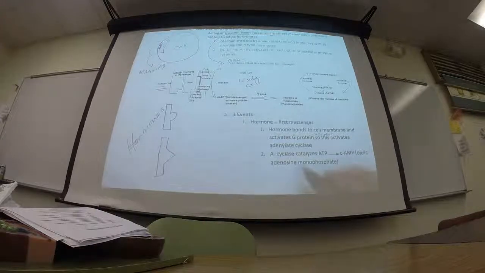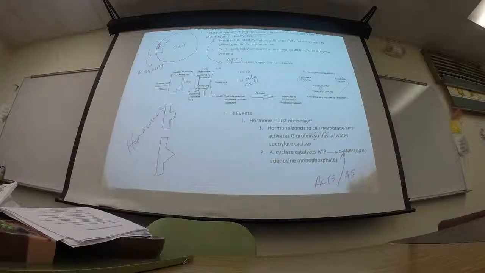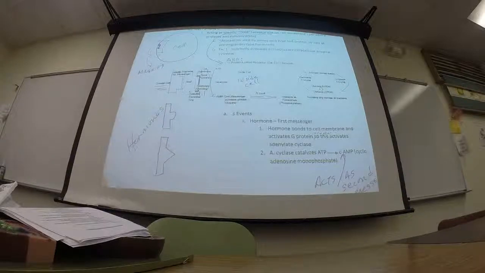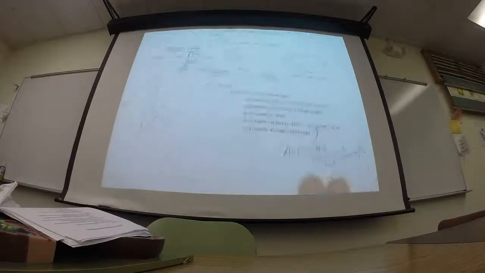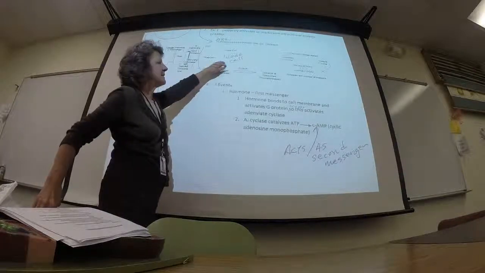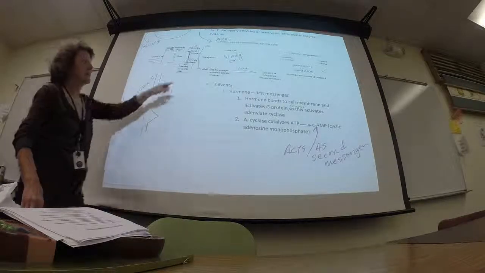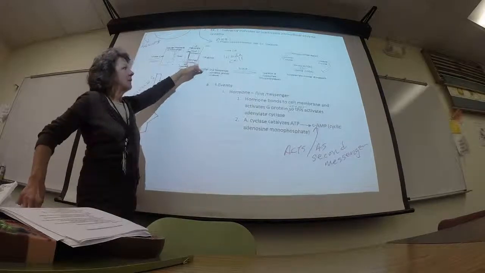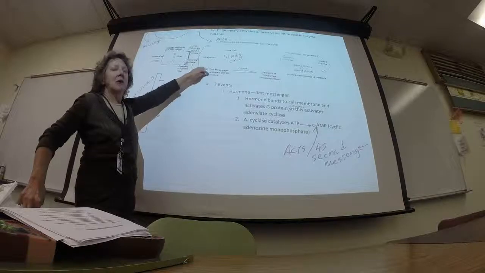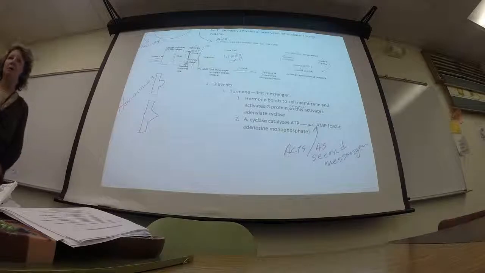Because this cyclic AMP acts as the second messenger. That acts as your second messenger, and it is able to travel in the cell to cause whatever you wanted. See, it says second messenger. It causes whatever you wanted to happen in the cell due to that protein being there to happen.